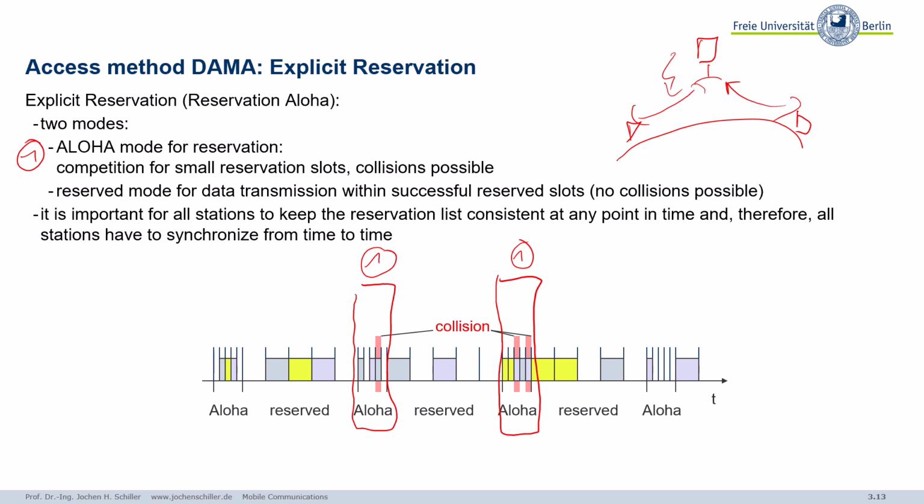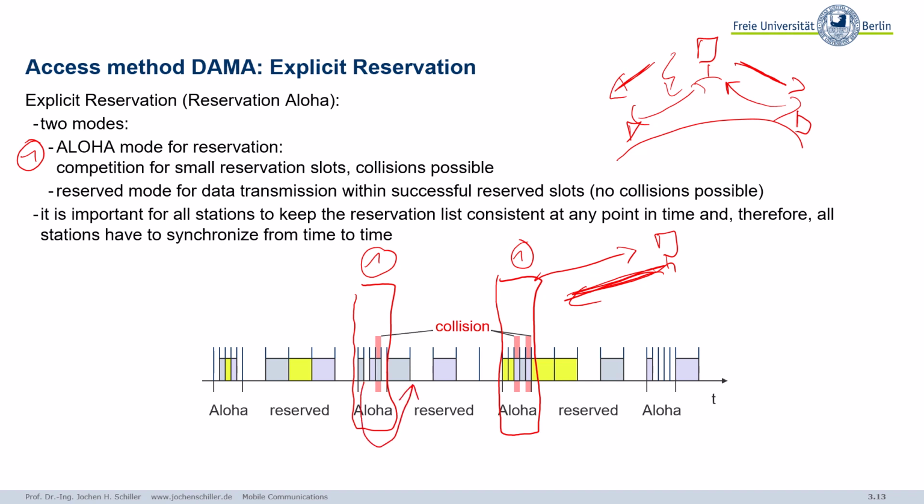But if one of the stations is successful, then the station is allowed to access a time slot in whatever frame that will follow. Be aware, don't take this example 100% in time, so there is some more time in between. One goes up to the satellite, then the satellite sends a reservation list down. That's important. The satellite sends to all the ground stations a reservation list, and after that the stations are allowed to access the time slots.